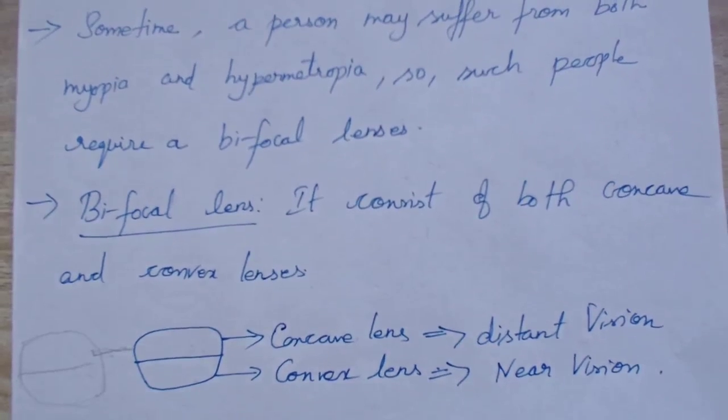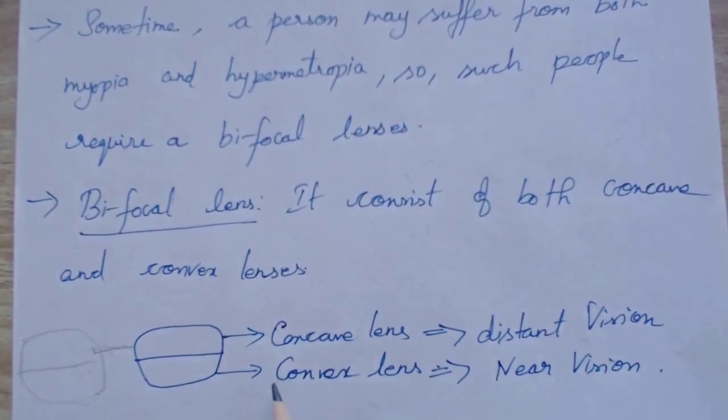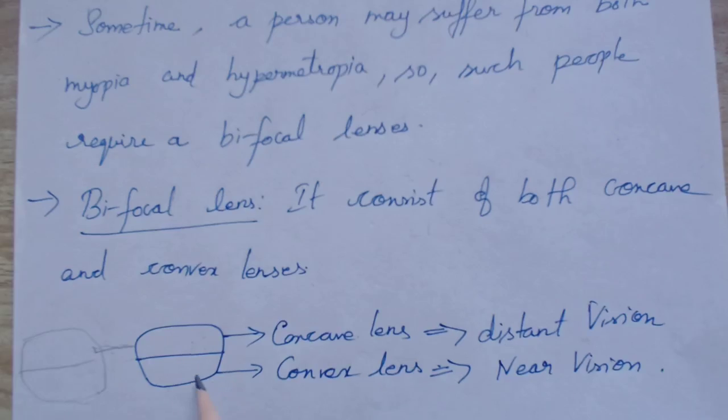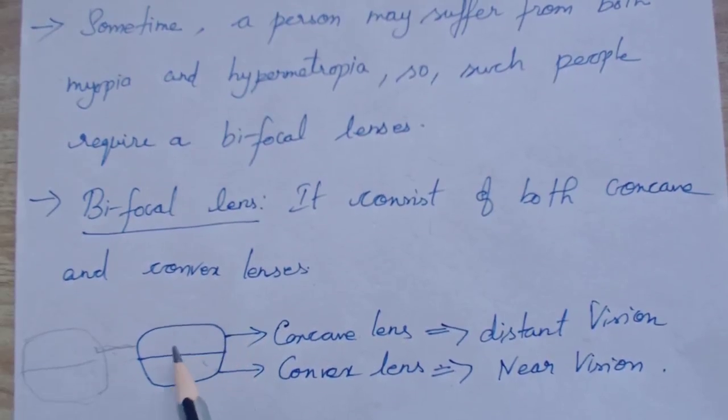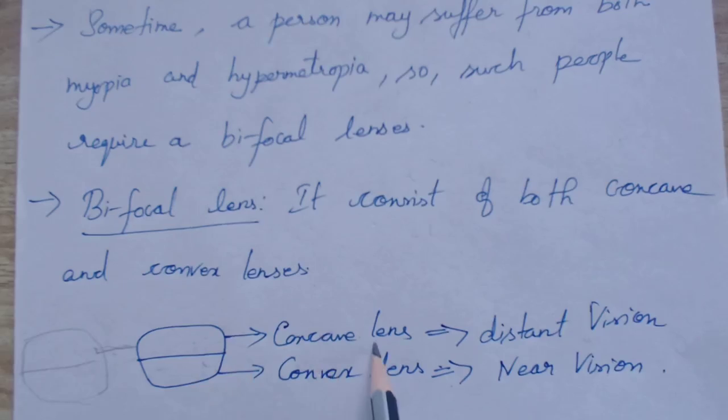They will slightly lower their heads and then they are able to read books using the convex lens, for near vision. For near vision, they look through the bottom of the spectacles, and for distant objects, they look erect through the upper part of the lens. So this is called bifocal lens.